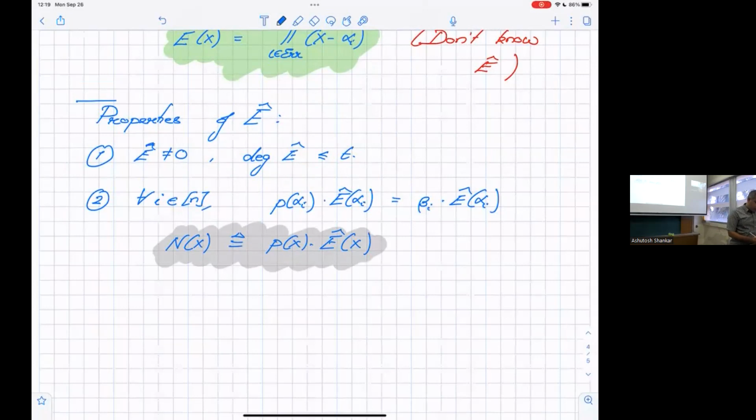What are some properties of N hat? What's the degree of N hat? The degree of E hat is at most t, and the degree of P is k minus 1. So the degree of N hat is at most t plus k minus 1.